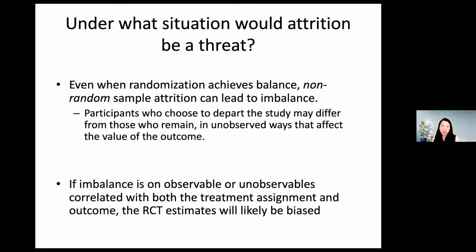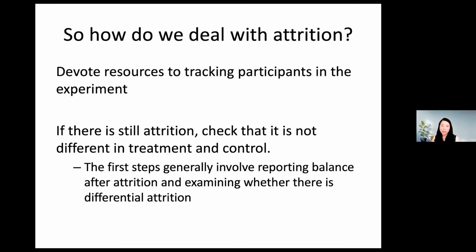But that's not the end of the world. There are ways that we can deal with attrition. The first intuition is when attrition happens, say girls choose not to participate in the program, then we can devote resources to track the participants.